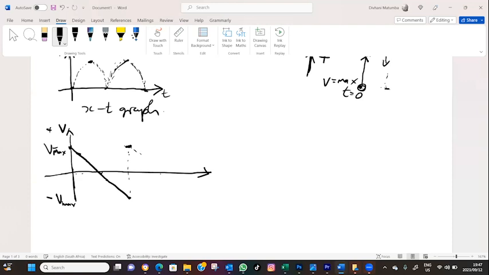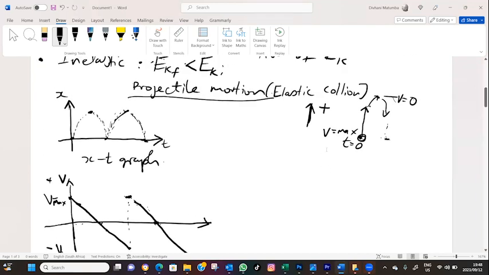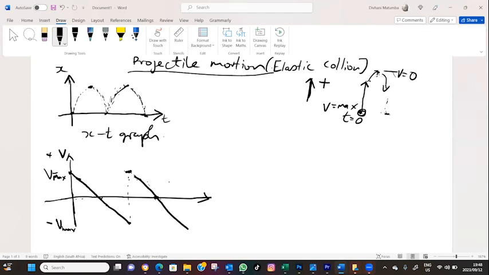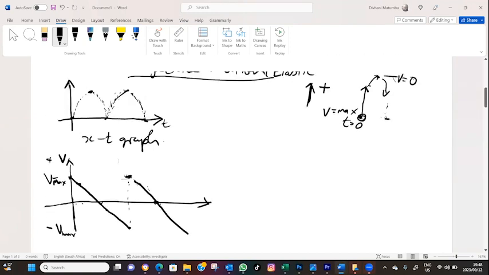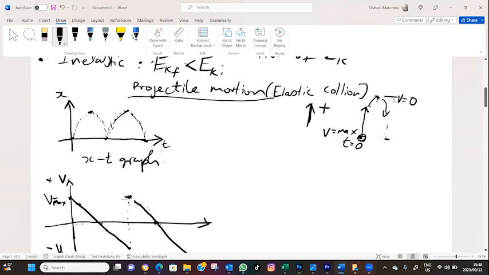Upwards is positive, then it will do the same and come back to reach that position there. Then the cycle continues. As you can see, the velocity is also conserved. It went back to the original velocity and also the original displacements.